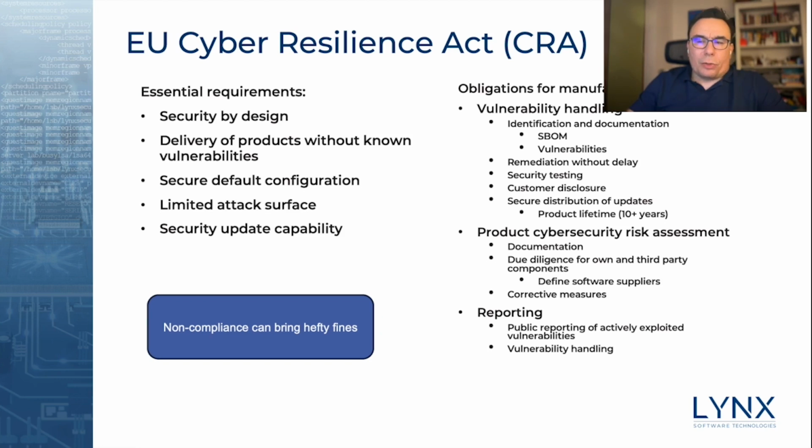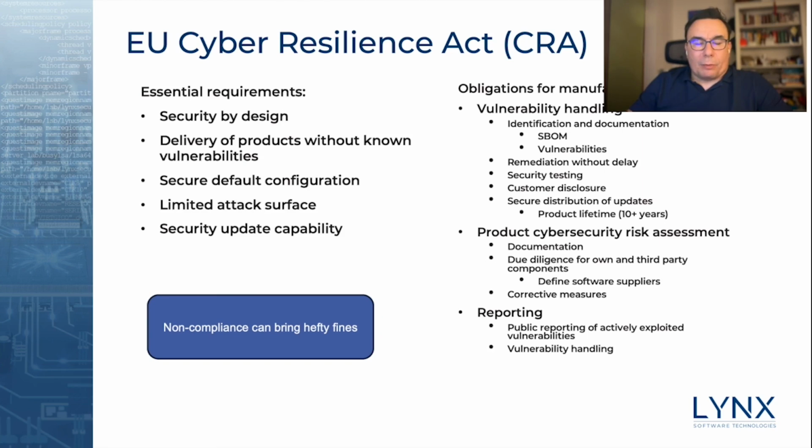The CRA also introduces obligations on manufacturers, so how they handle vulnerabilities, how they do the product cybersecurity risk assessment, and of course, there's a requirement on reporting. So you can see in the slide what those different aspects are about, but the CRA is in effect.